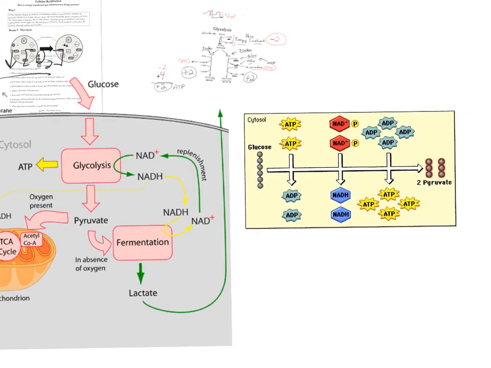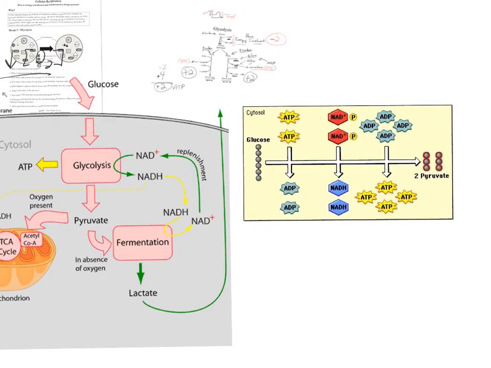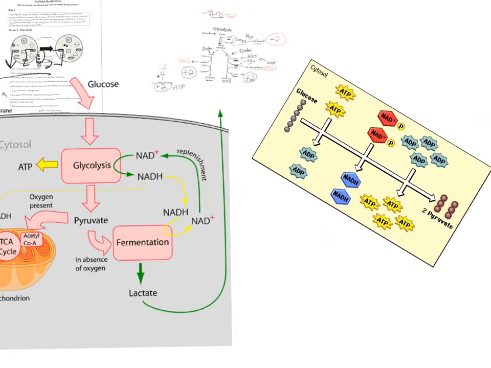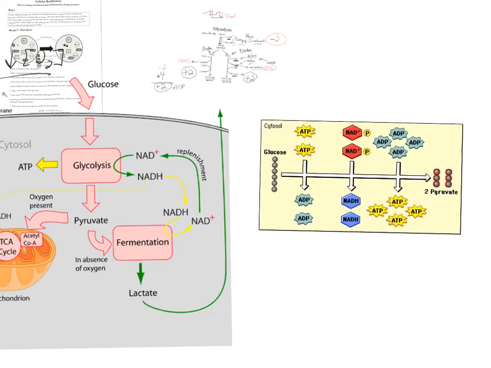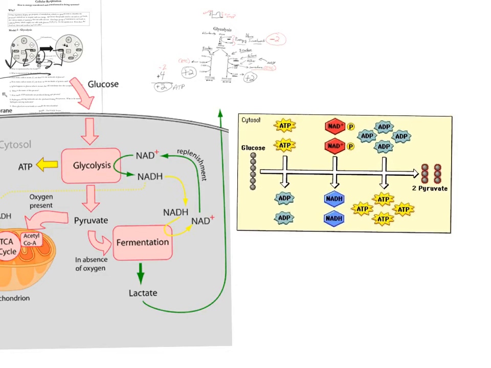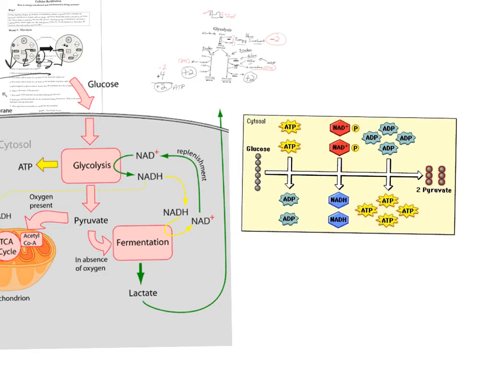Let's take a look at what happens if there's no oxygen present. Now here's, by the way, a summary of what happens in glucose when it enters the cell, right? As soon as this is a cytosol, right? So this is the liquid part of the cell in between the cell membrane and the mitochondria.